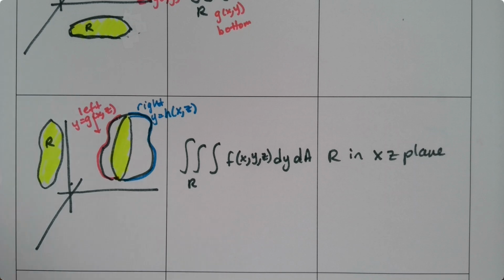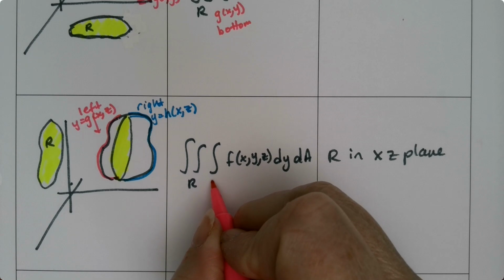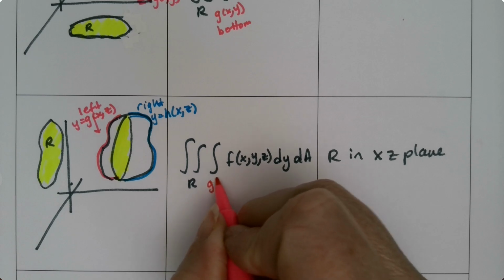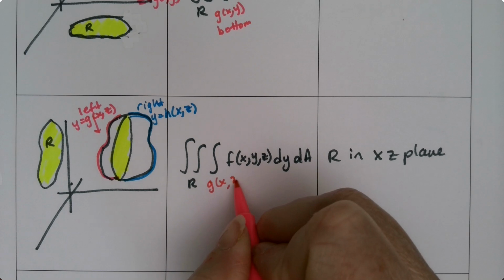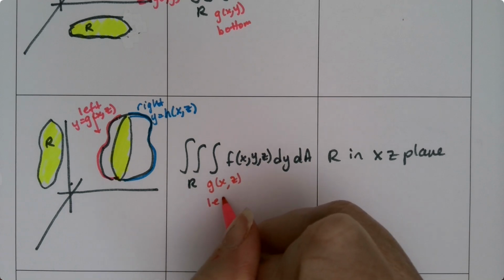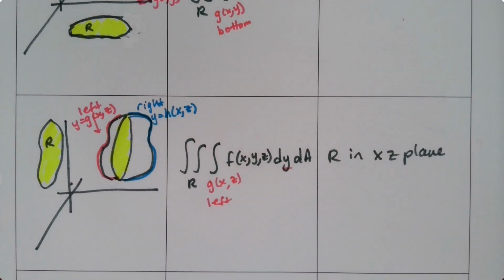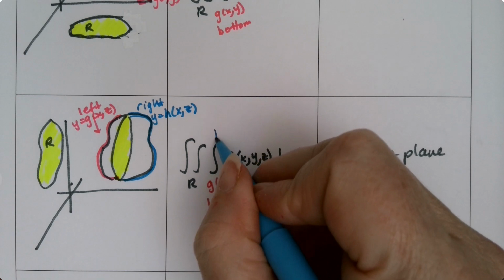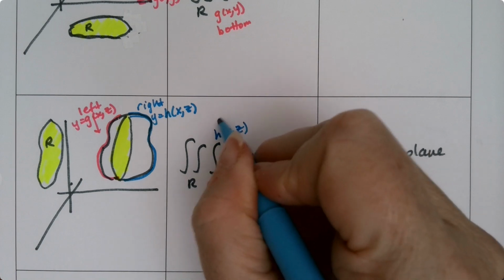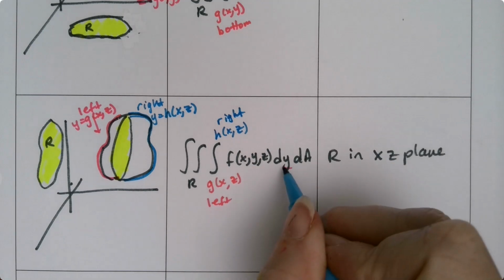And then down here would be my left, which would be g of xz, which would be my left side. And then my right side would be h of xz, which is the right? And again, those are for y.